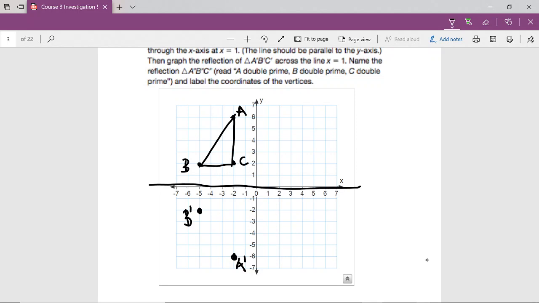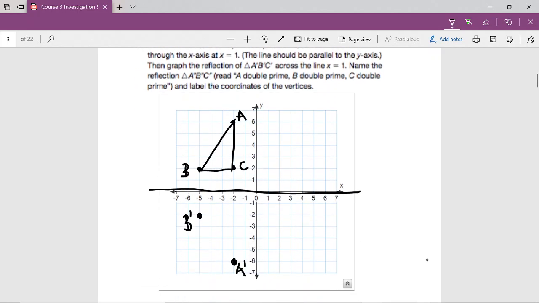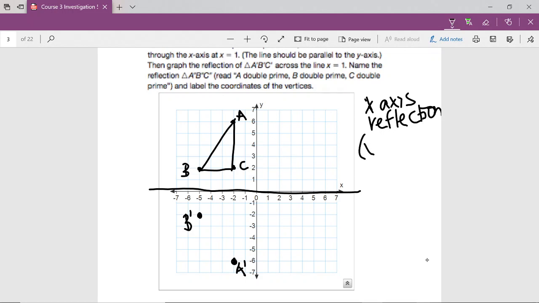Okay, let me just erase it so we have a little bit better visual of all of this. The other way though, especially if you have the coordinate points, is by saying, if I do an x-axis reflection, that means that it's actually staying the same x values, but all of my y values are at the opposite of my original. So what we are saying is, with a rule, x comma y becomes x comma -y.